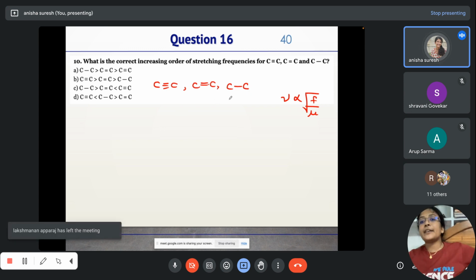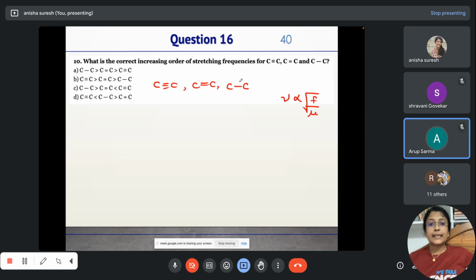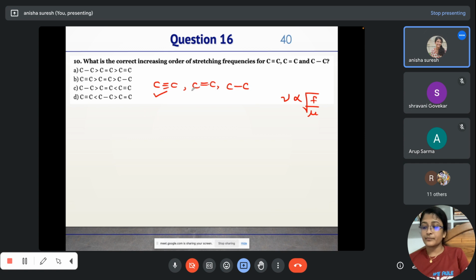So which will have greater stretching frequency? Alkyne, alkene, or alkane? Alkyne. Then comes the double bond, and then comes the single bond.